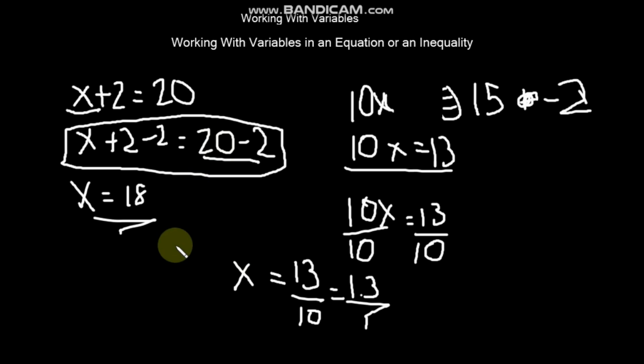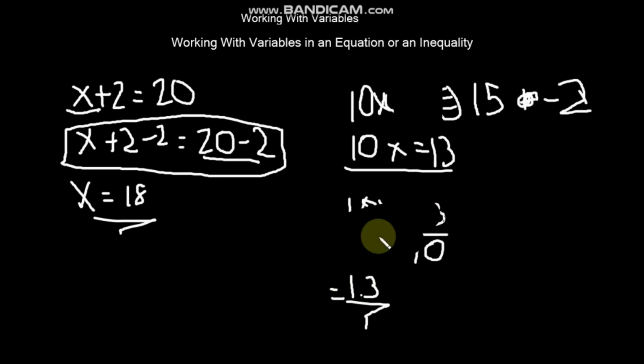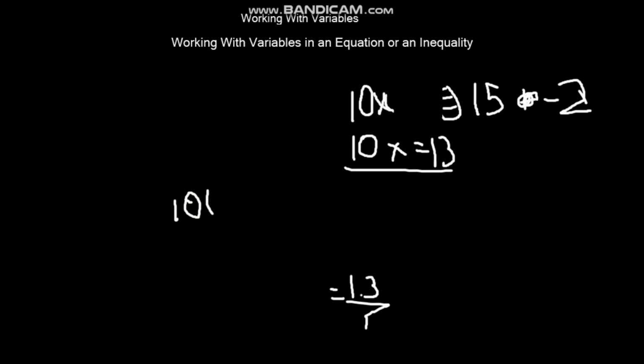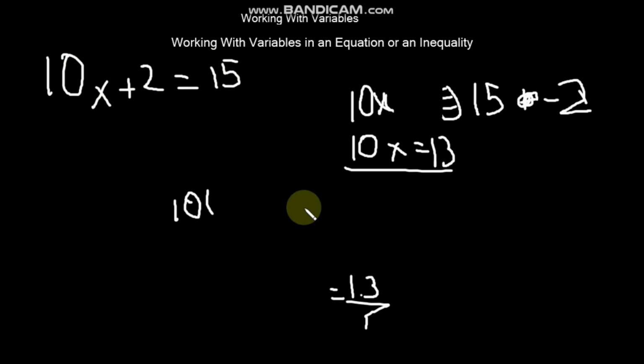So if we want to know that this equation is accurate, let's do a reversion. We said that x equals 1.3, right? And we must go back to the equation. So 10, let me just clear this one. So as I remember, the question was 10x plus 2 equals 15, right?